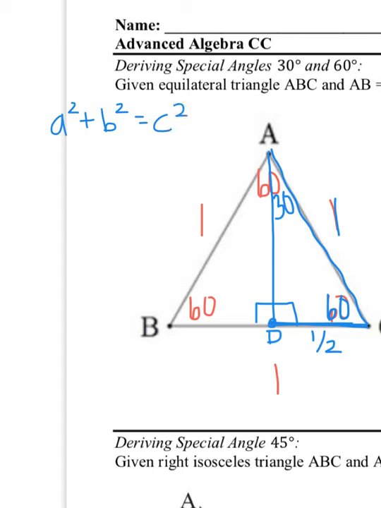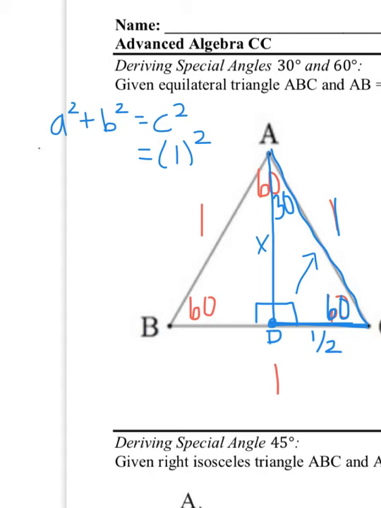Or leg squared plus leg squared equals hypotenuse squared. So if I look on my triangle, we'll call the side I'm looking for x. That's a leg. The one that's important is that c is the hypotenuse, and the hypotenuse is across from the right angle. So c is going to be 1. We'll make a and b, it doesn't matter which one is which. But the legs of that triangle in blue are x and 1/2.